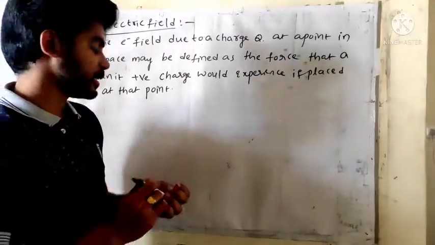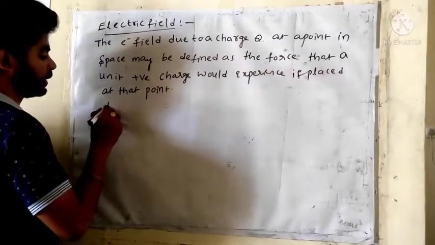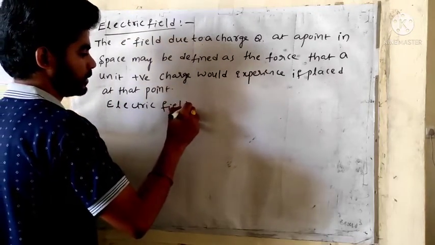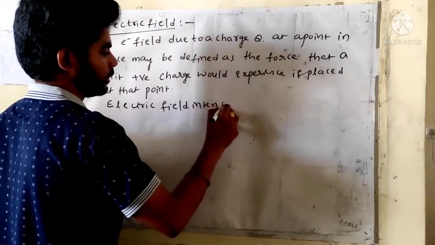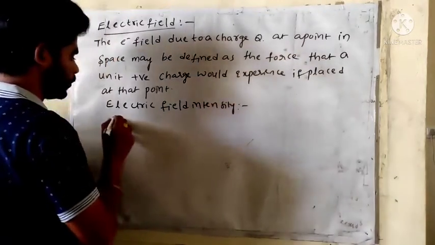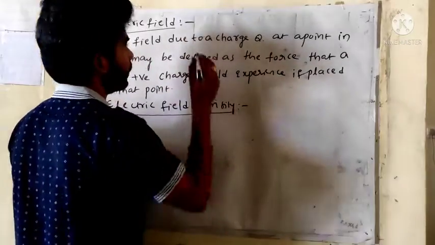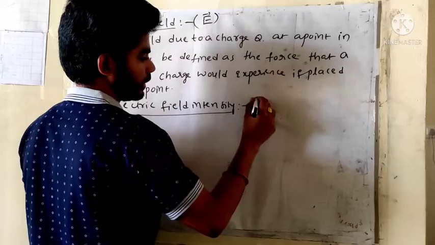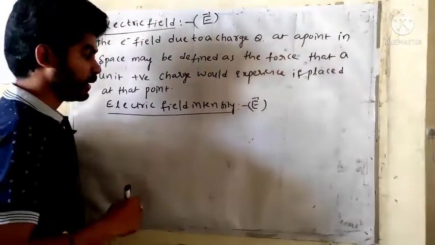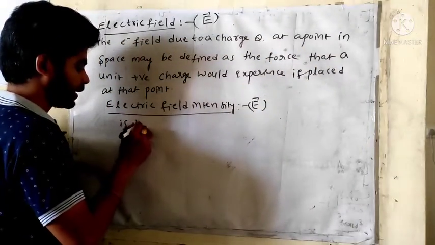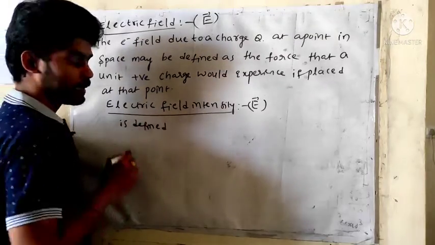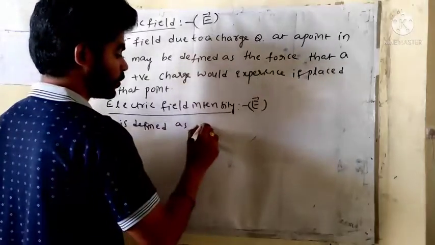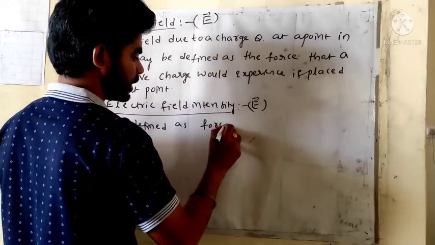Next one is electric field intensity. Electric field intensity or electric field, both are denoted by E. Electric field intensity is defined as force per unit test charge.